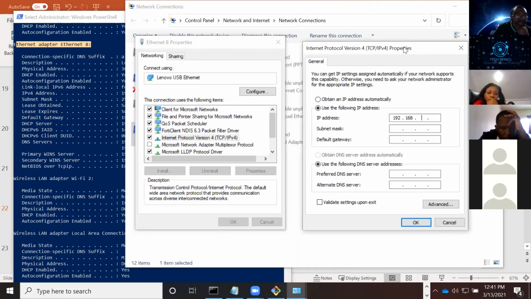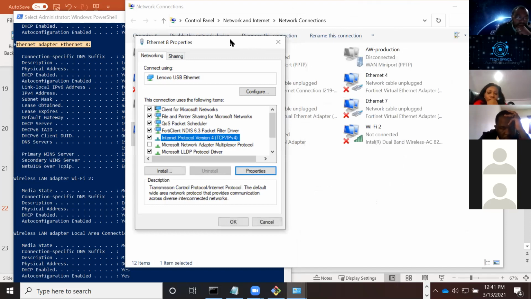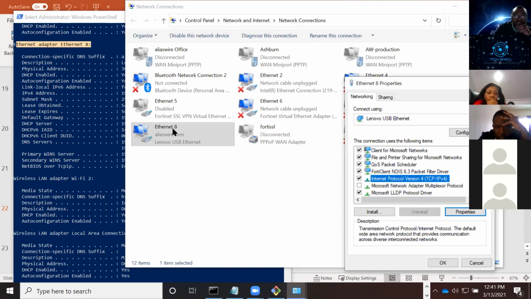What I'm trying to explain is, when you come here, you need to choose the right network. Under network connections, I chose Ethernet 8, and this Ethernet 8 corresponds to the one I'm looking at when I did ipconfig /all.